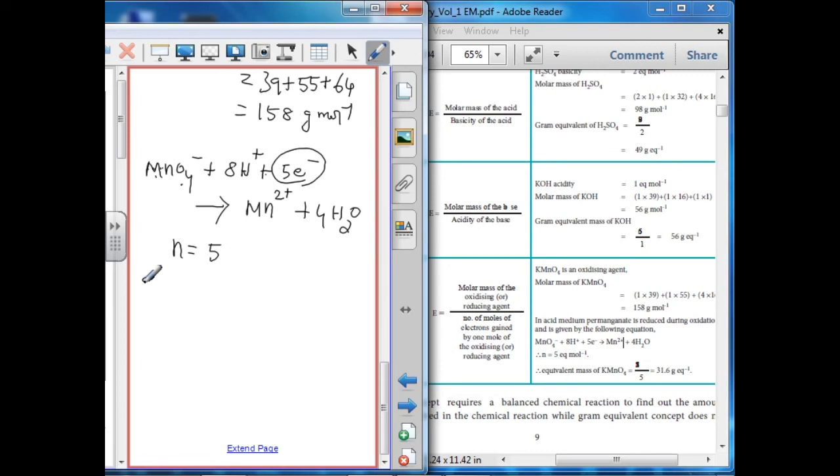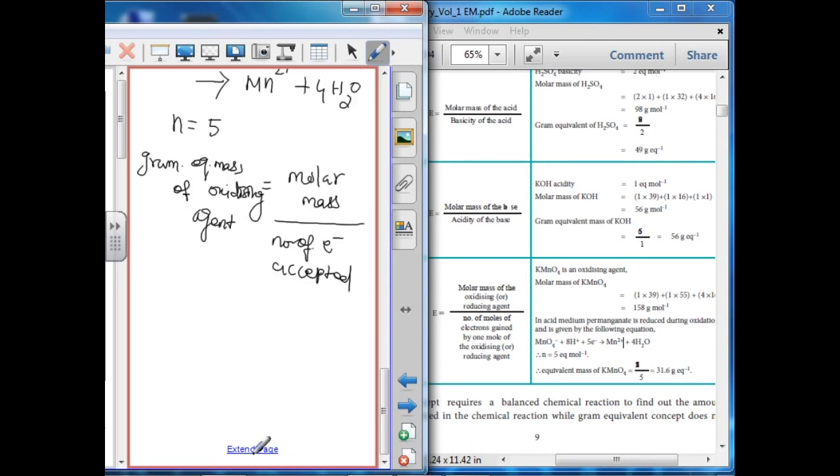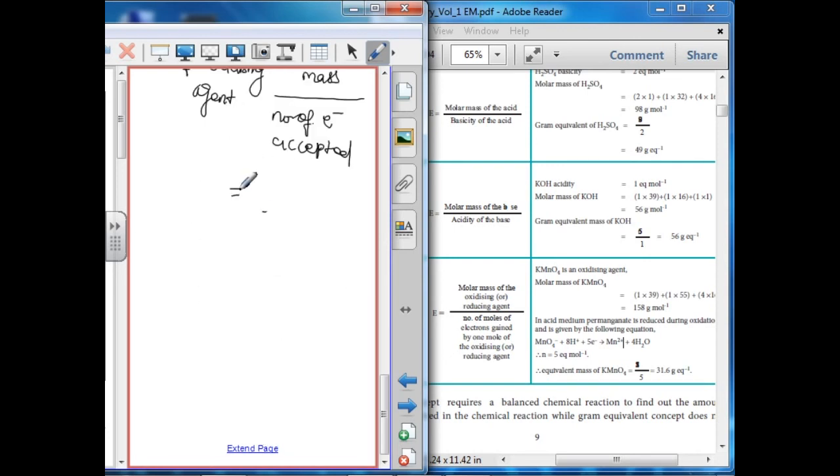So the formula: gram equivalent mass of oxidizing agent equal to molar mass divided by number of electrons accepted. The molar mass is 158 gram mole inverse divided by 5 equivalent mole inverse.